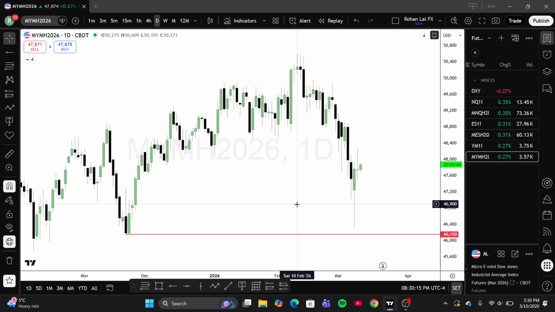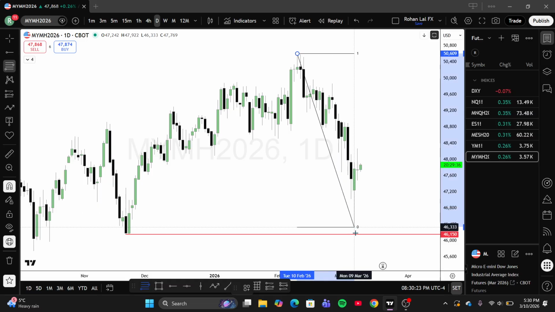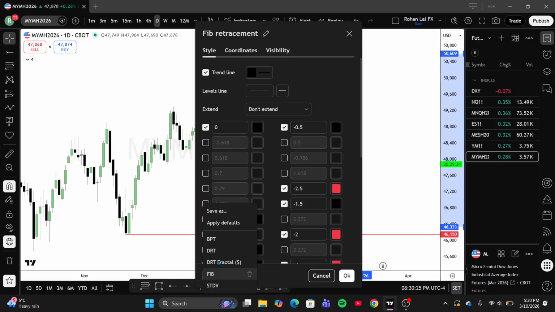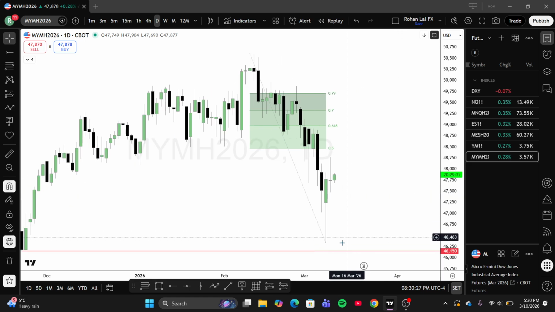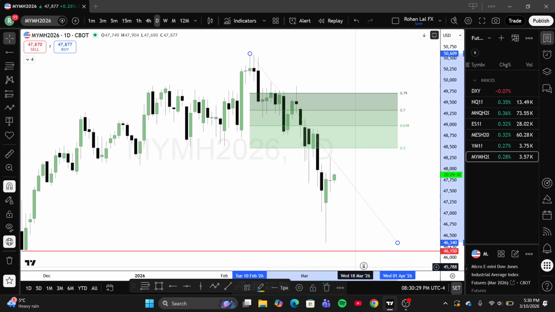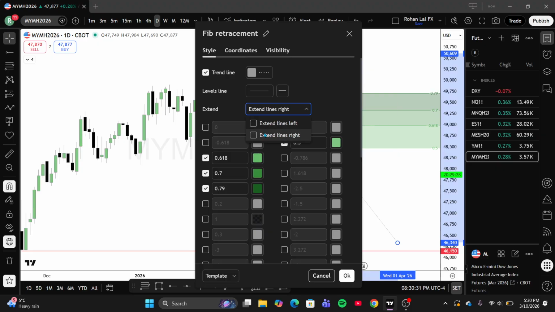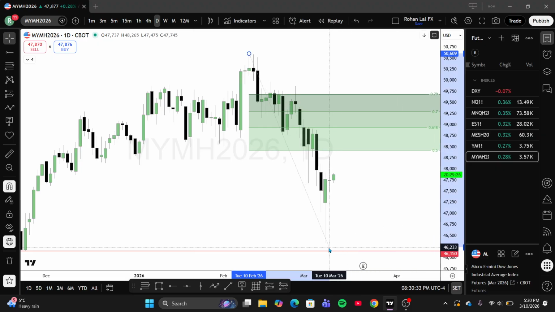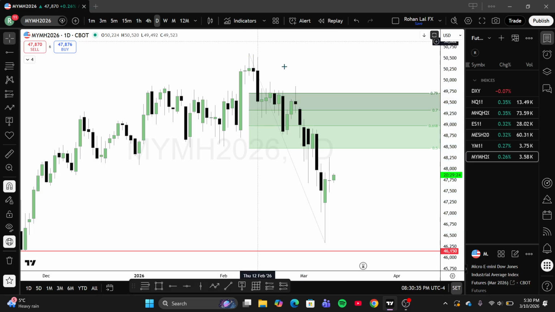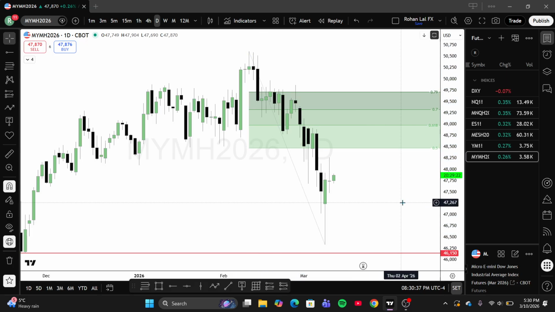And shorter term, right, we're in a discount, so from a discount, we trade back into a premium. If we measure the range on the Dow, right, equilibrium of the range lines up around the 48,500 level.